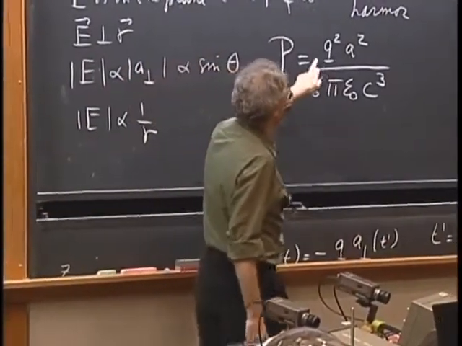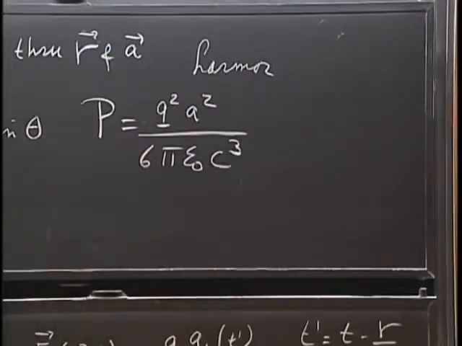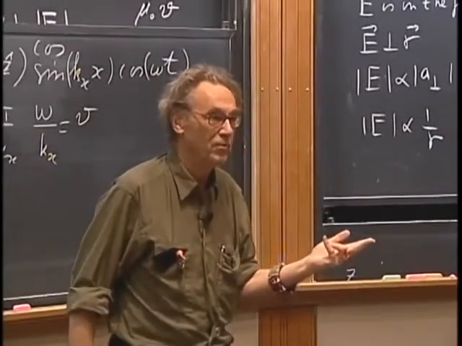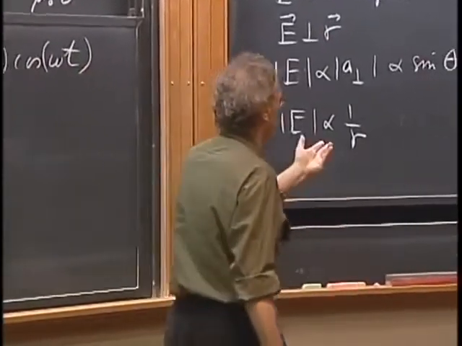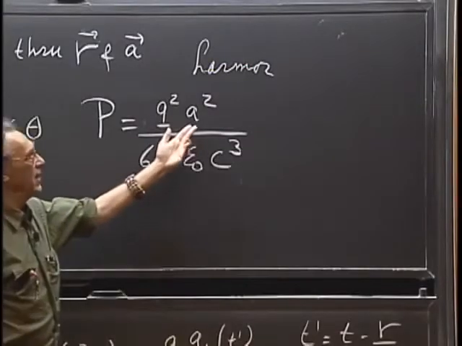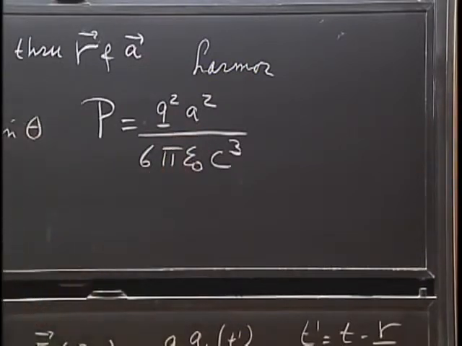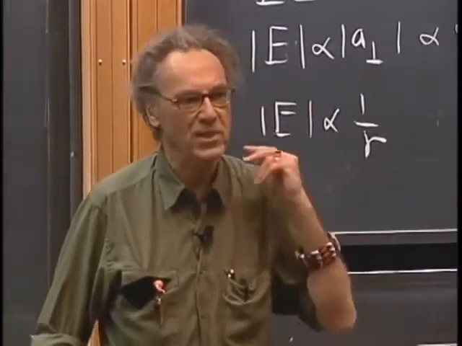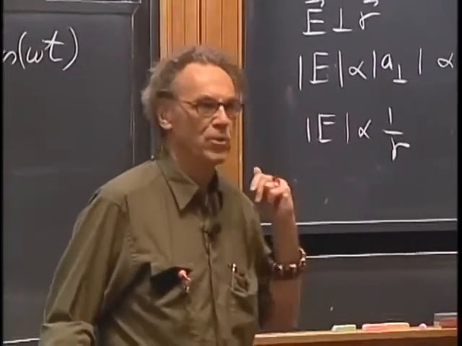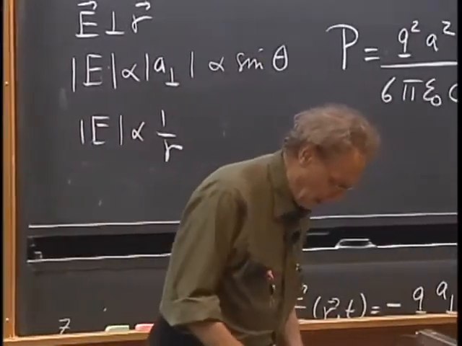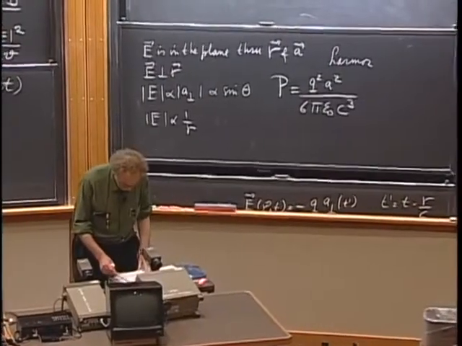It's obvious that it is proportional to Q squared, because E is proportional with Q, so B is also proportional with Q. So the Poynting vector will be proportional to Q squared. It's also obvious that there is an A squared, because E is proportional to A perpendicular, but nevertheless A, and B is also proportional to A. So it's no surprise that you get there upstairs a Q squared and an A squared.